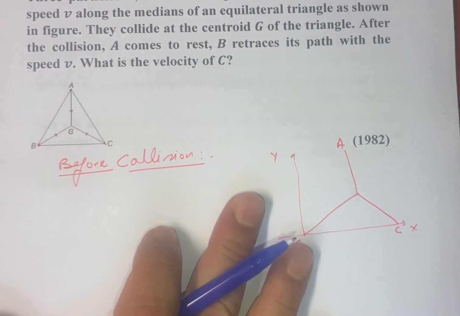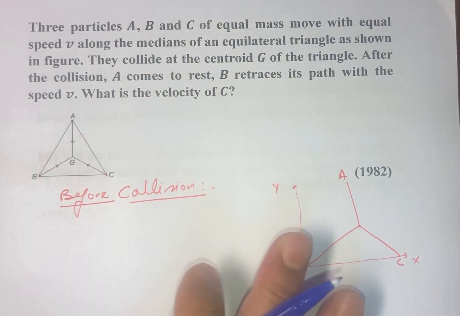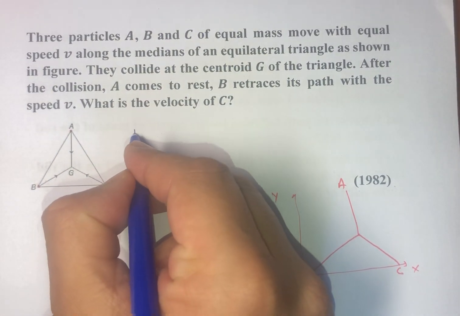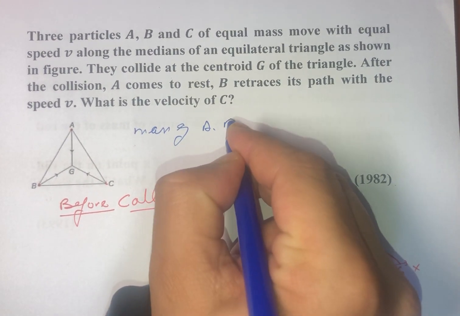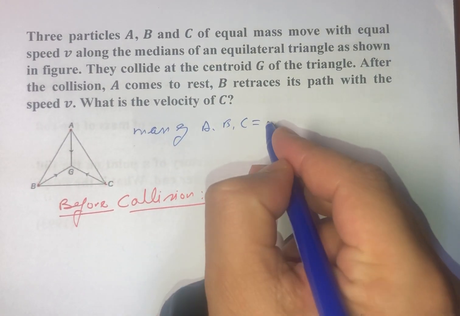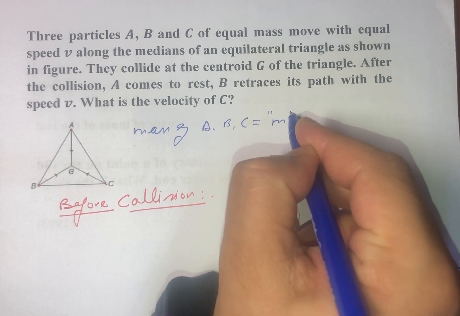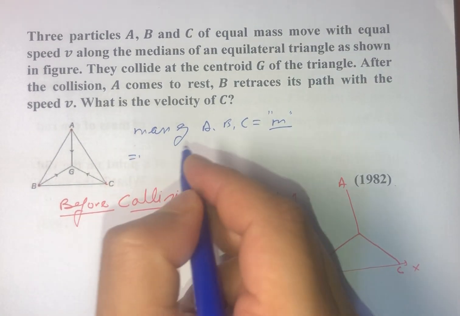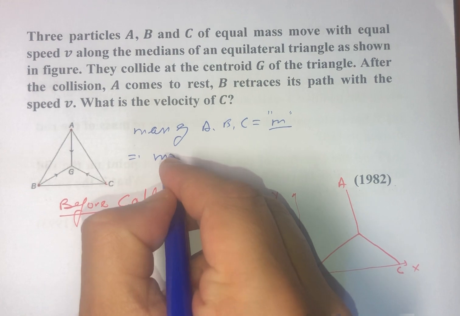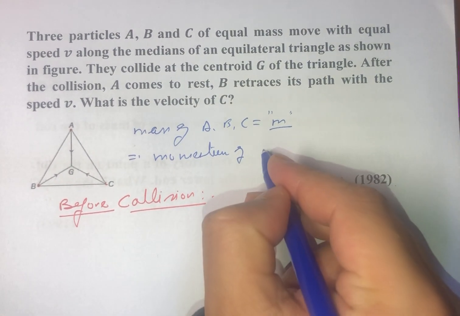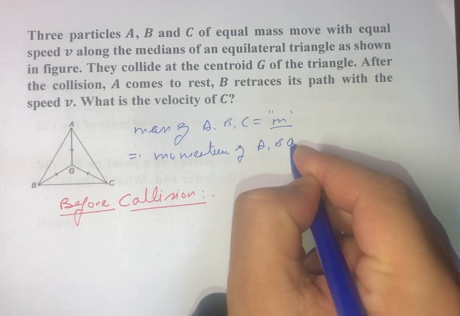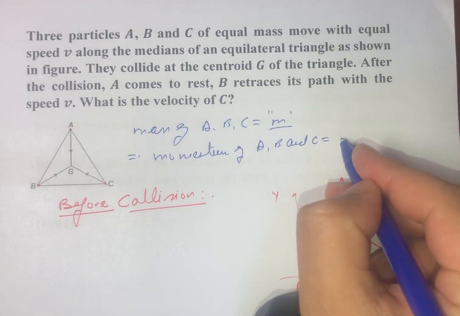So we consider that the mass of A, B and C is equal to m. Therefore, the momentum of A, B and C will be equal to mv.